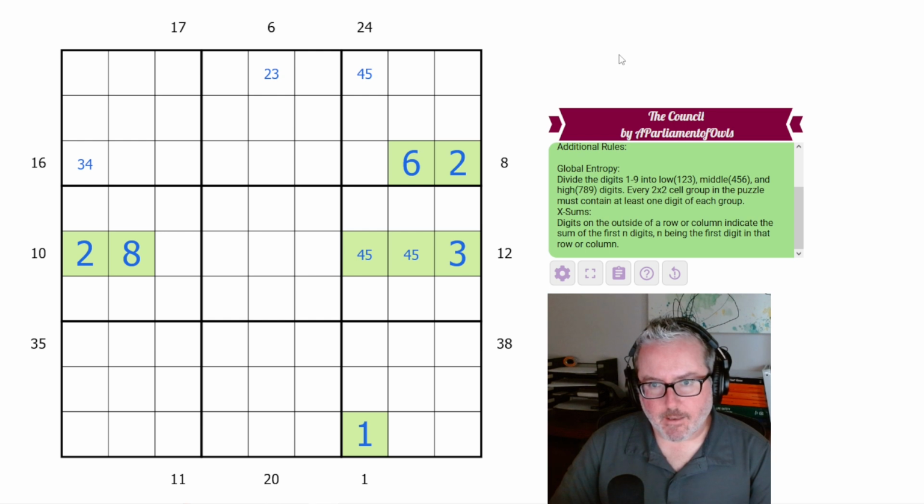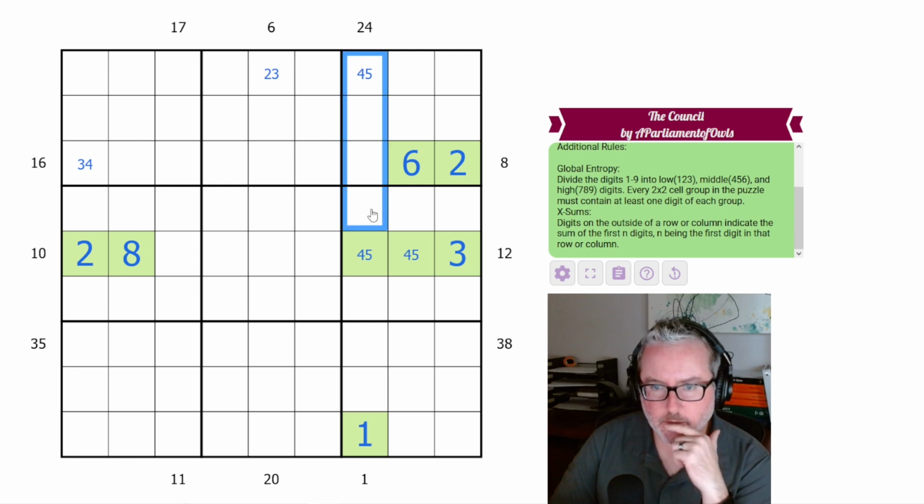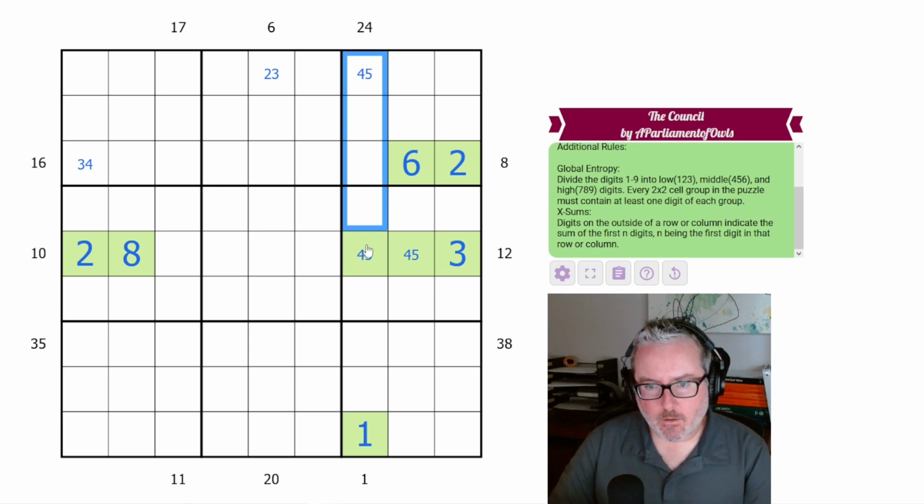Can we take that any further? If it's 4 cells, we have 4 digits that add up to 24, and the remaining 5 digits would add up to 20.